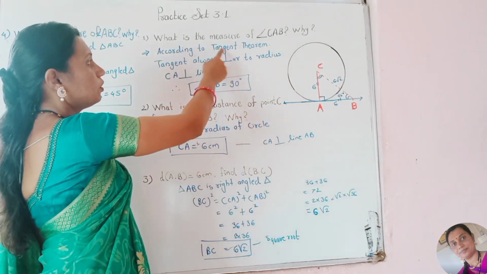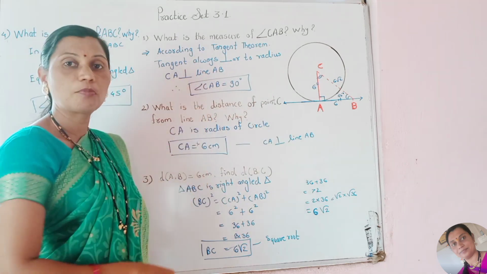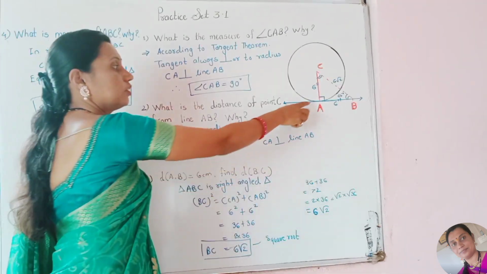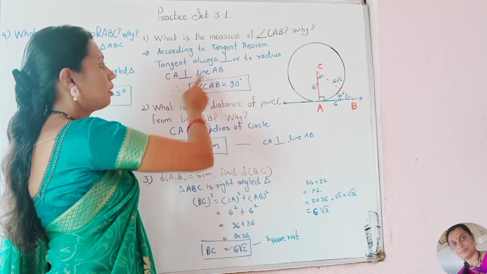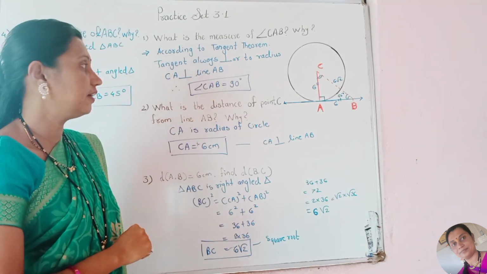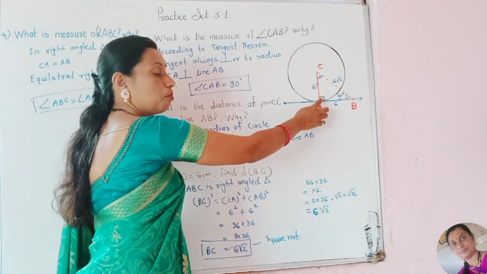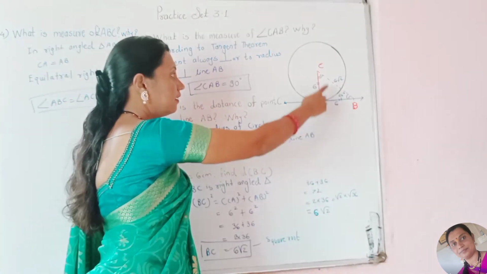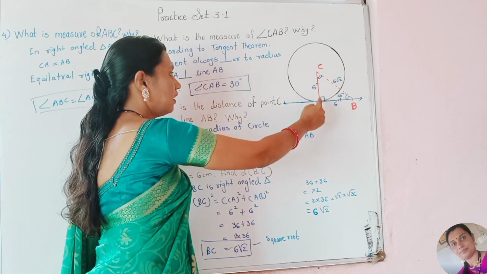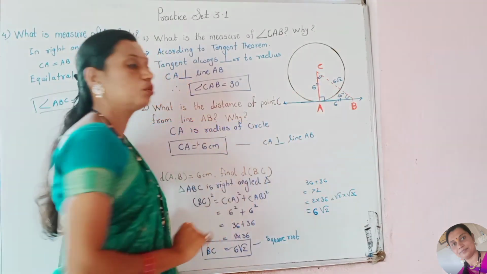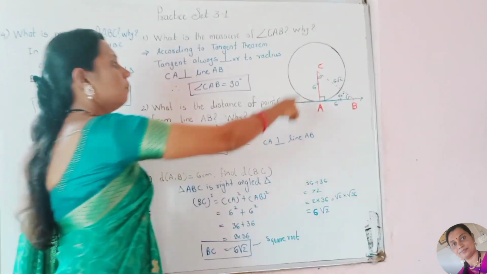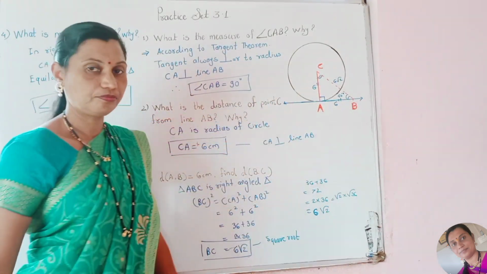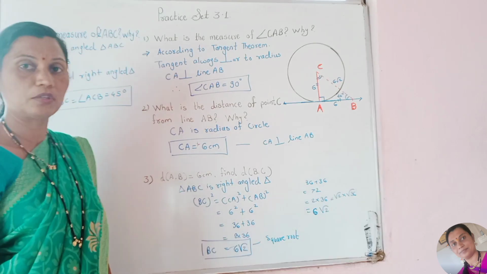Now, if there is a perpendicular, there is a 90-degree angle. So we can say that angle CAB is equal to 90 degrees. The reason is the tangent theorem: radius is always perpendicular to the tangent.